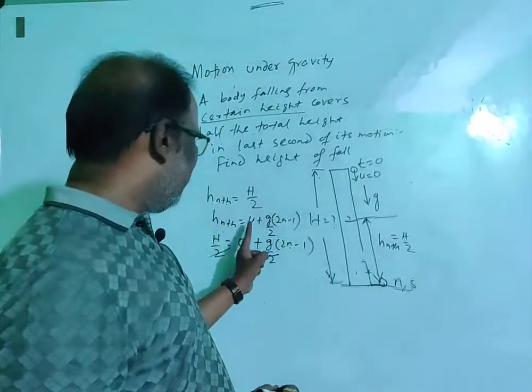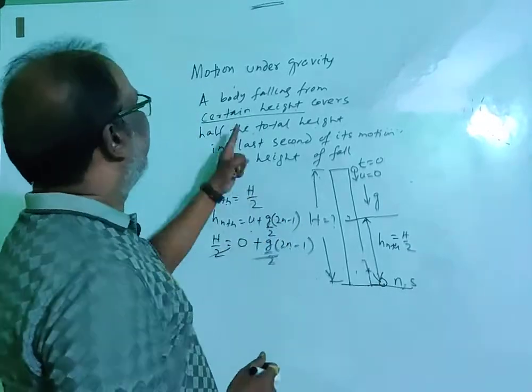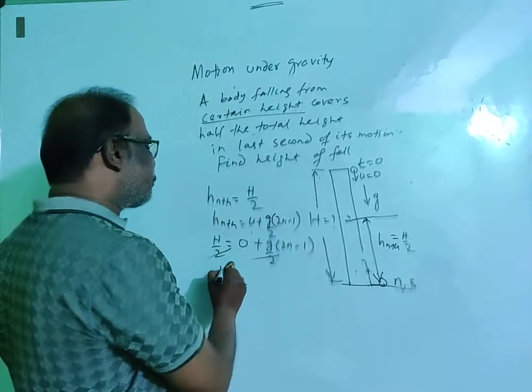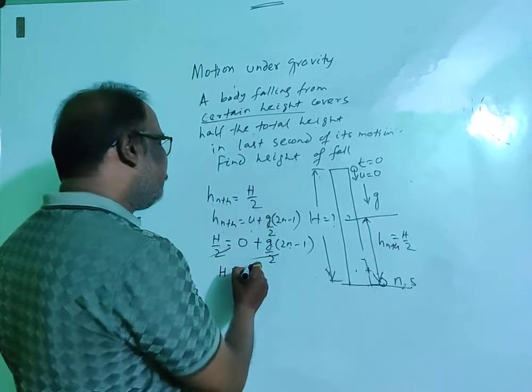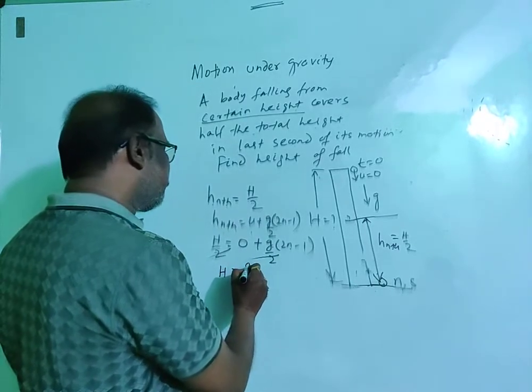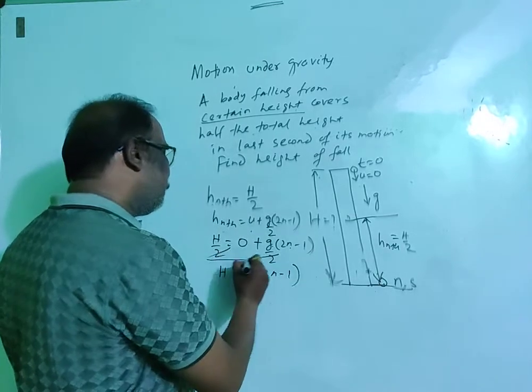What is n? h nth is equal to u plus g by 2 into 2n minus 1. U is 0, so g by 2 into 2n minus 1.